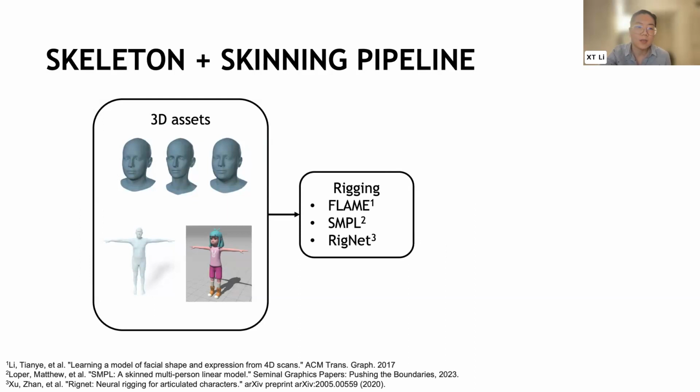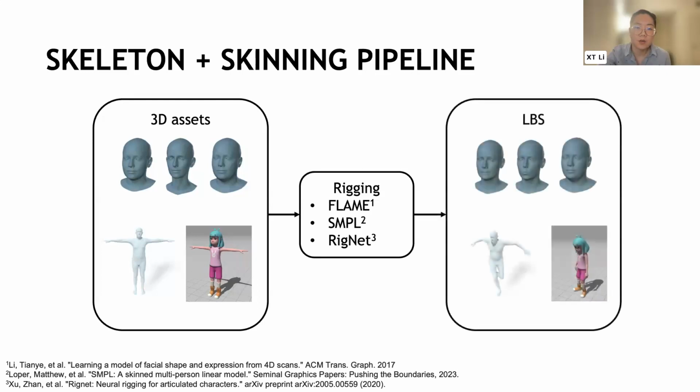For instance, in the famous FLAME parametric model, the human face is decomposed into a linear combination of faces on shape or expression together with individual coefficients. So after we get the skinning models, we can then use linear blend skinning to animate the 3D avatars for different applications.